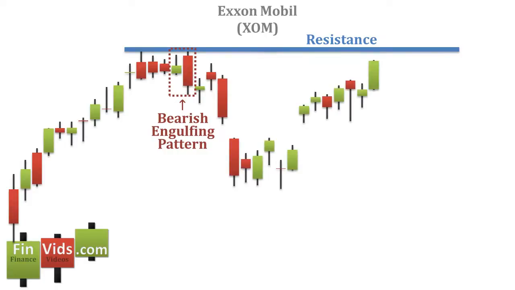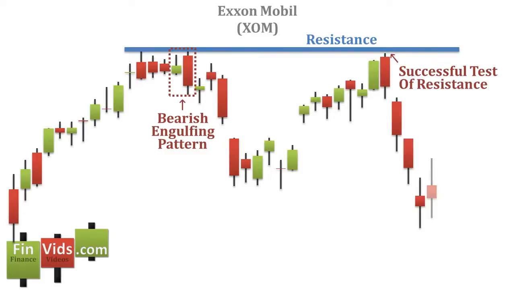Prices fall down and then attempt to go back up towards the area of resistance. Resistance is tested with a large bearish candlestick, and resistance holds.